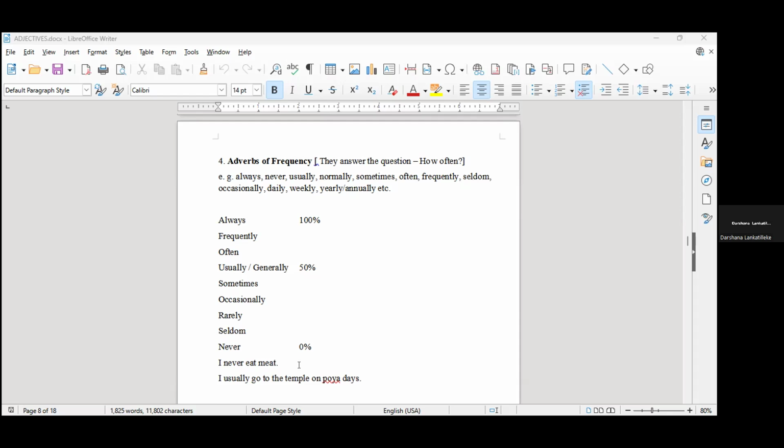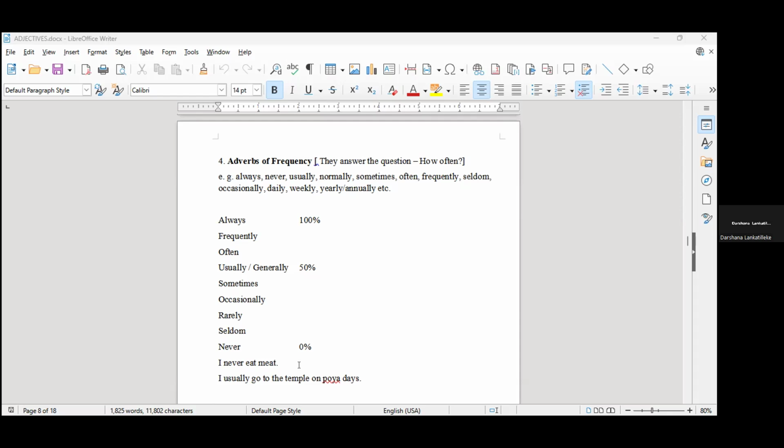So the other frequency words come between usually and never. See, sometimes, samahara. Occasionally is less than that. Rarely, kalaturaki. Seldom is even less than that, even less than rarely.